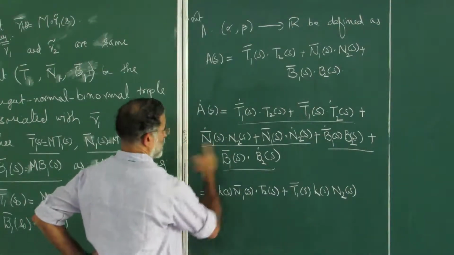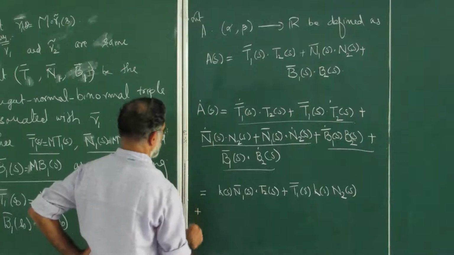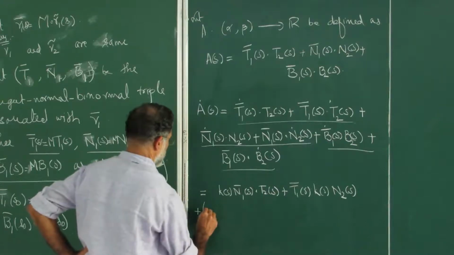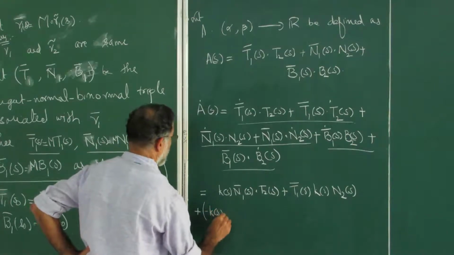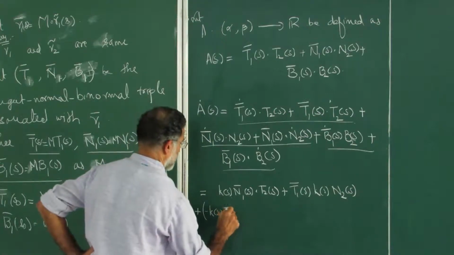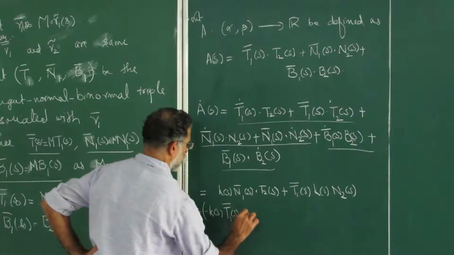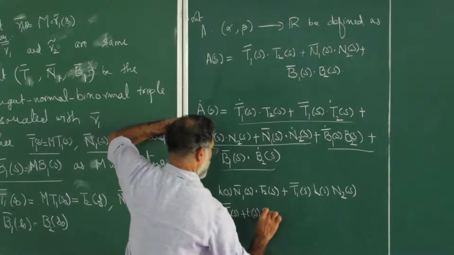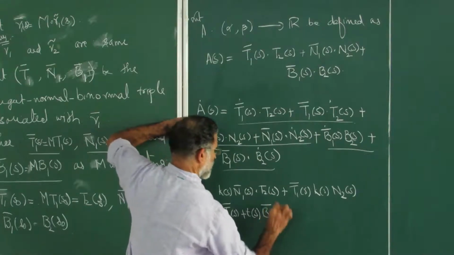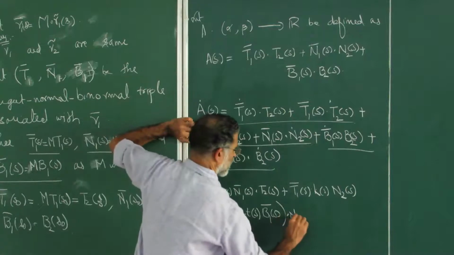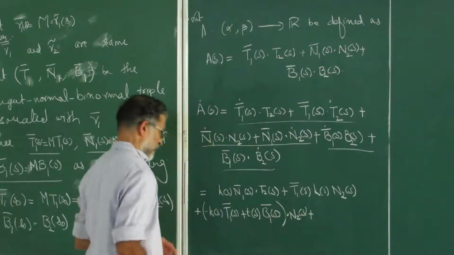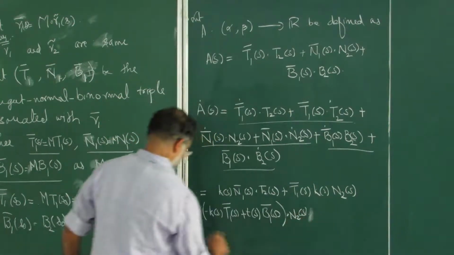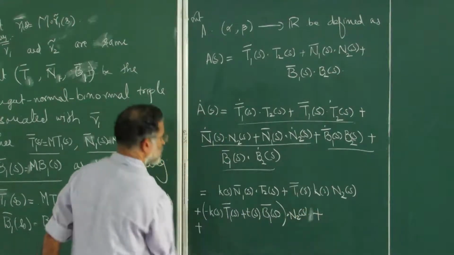Plus, this is a bit lengthy because you need N1 bar dot, which is equal to minus K s T1 bar s plus T s B1 bar s dot N2 s, plus the next factor. You don't have space there, so better write here. So what do we get here?